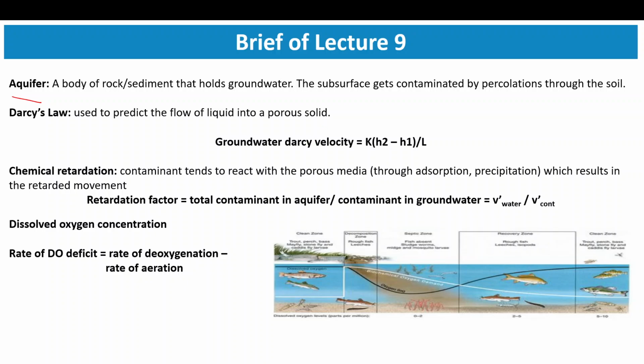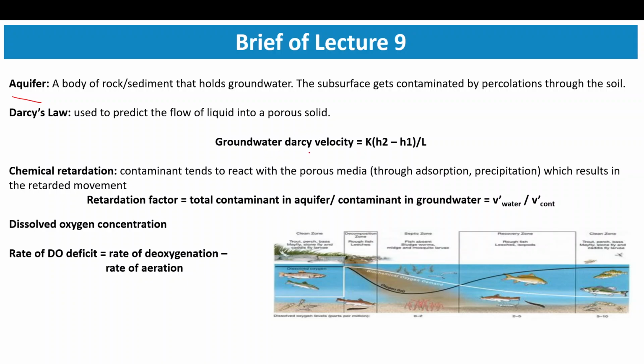So depending on the velocity at which the groundwater is percolating or passing through the soil, it will have the transmission of contaminants through that groundwater and further to the soil as well.